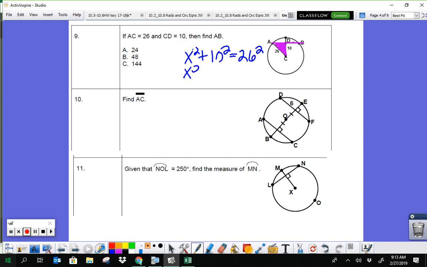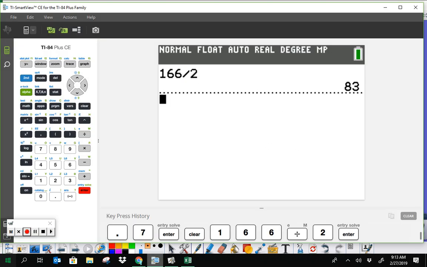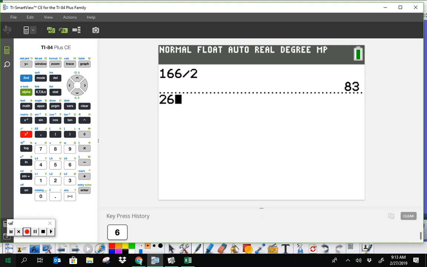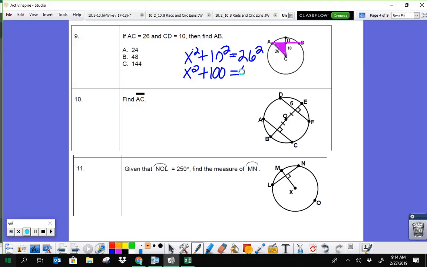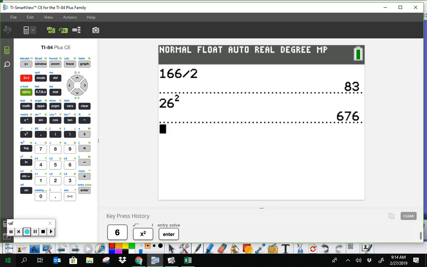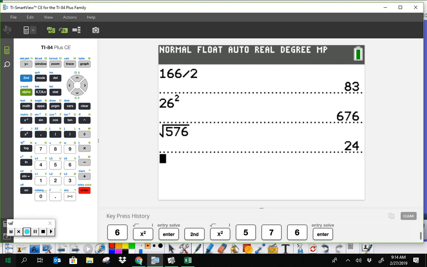So x squared plus 100 equals 26 squared. 26 squared is 676. Okay, if I subtract 100 from both sides, I get x squared equals 576. And the square root of 576 is 24.